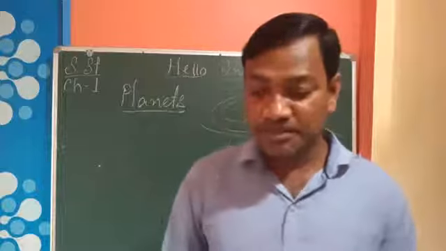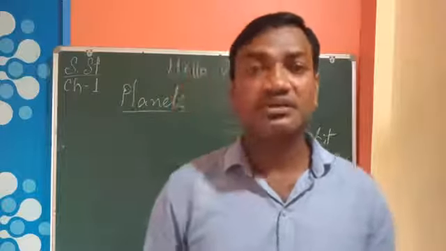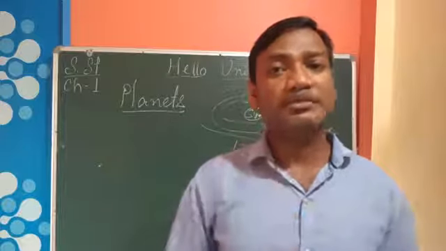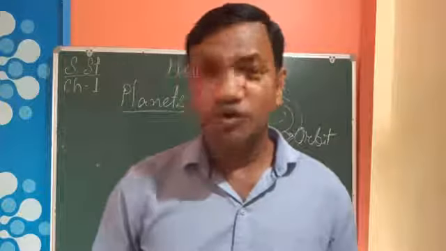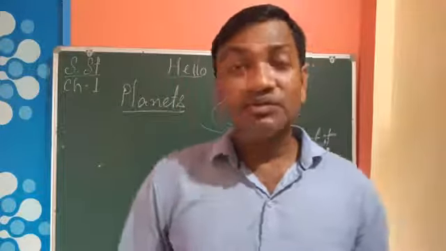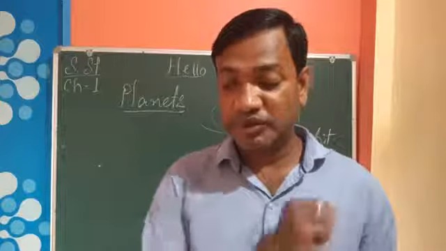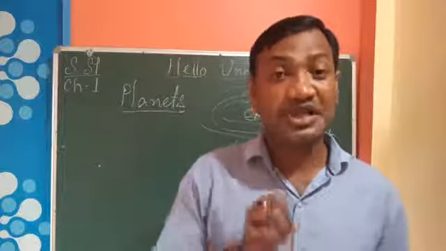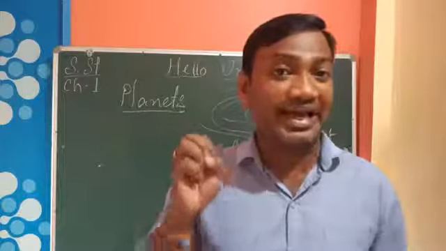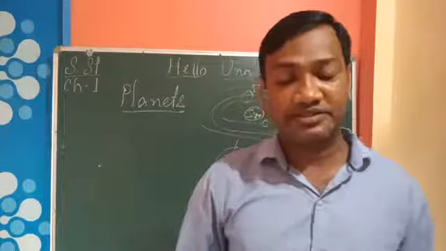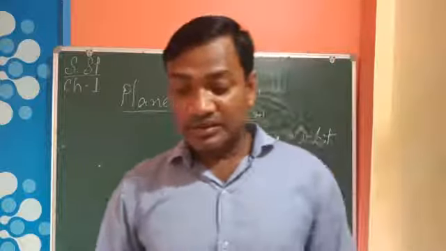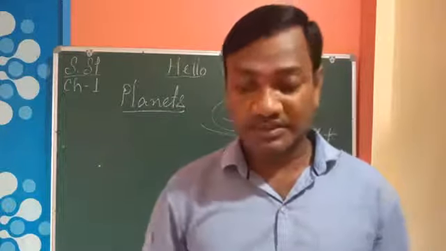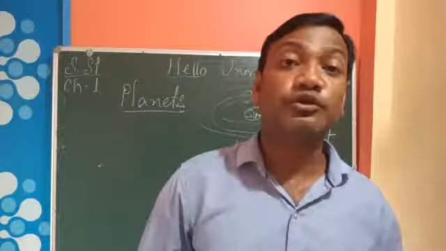Stars appear to have different colors. So sometimes we see that some stars are blue in color, sometimes it is orange in color. Why? Because of that energy. As I told you, the stars which have more energy, they can produce more light, and the stars which are more hot, they are white or blue in color.